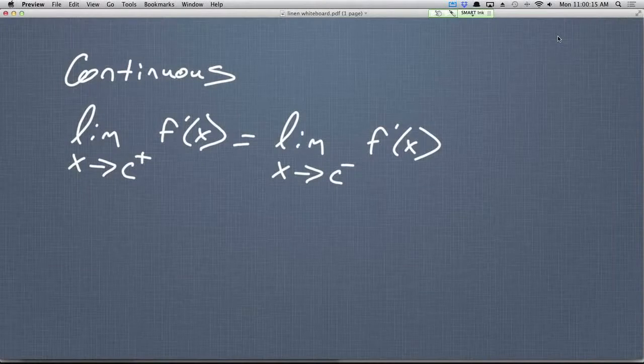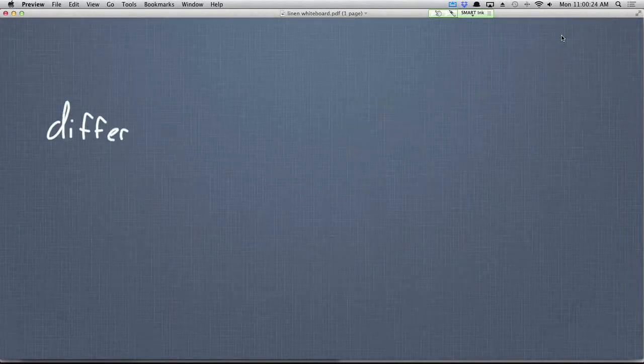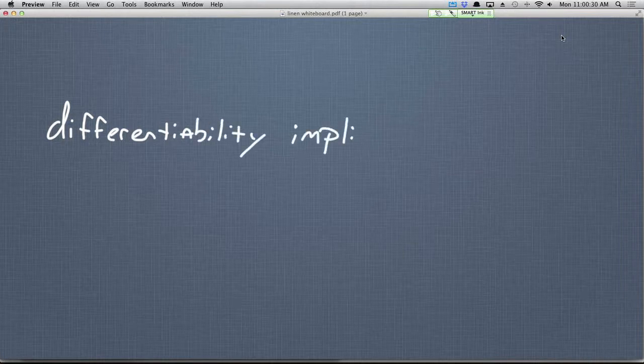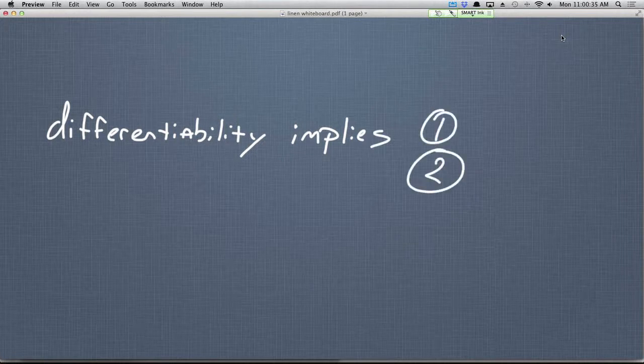Okay? All right, now let's talk about a couple things that differentiability implies. It implies 2 things. Your book says it'll only imply 1, but it implies 2 things.